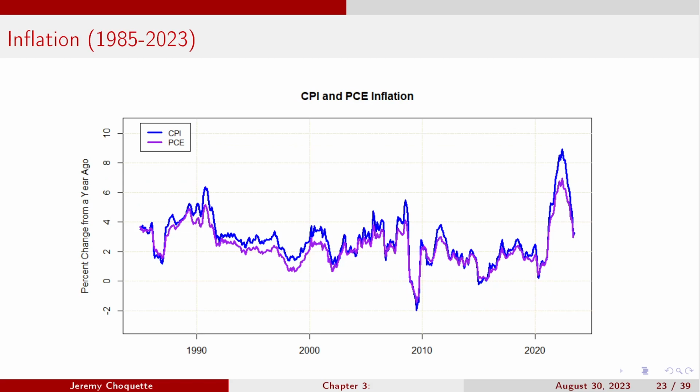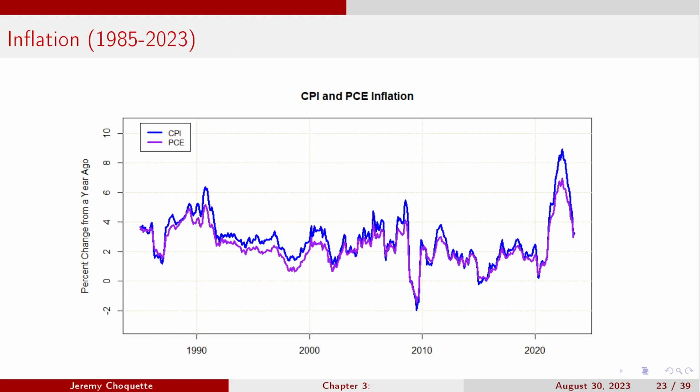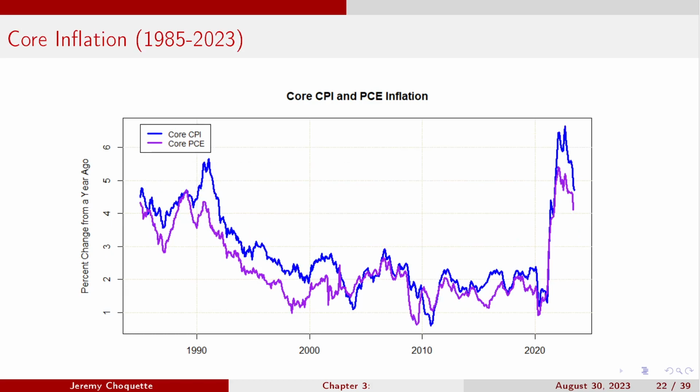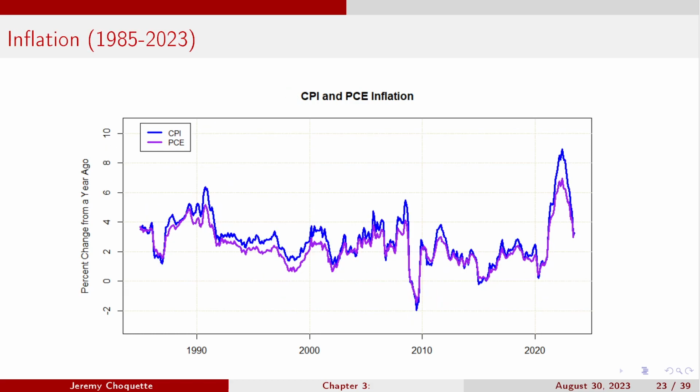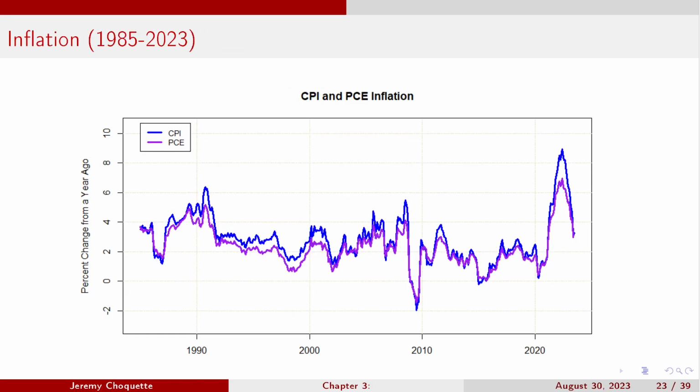Now take a look at headline CPI and PCE. There are periods where it's a little bit higher. If you look at 2022-ish, it's a little elevated above what it is for core inflation. But you also notice it bounces around a lot. Why is that?